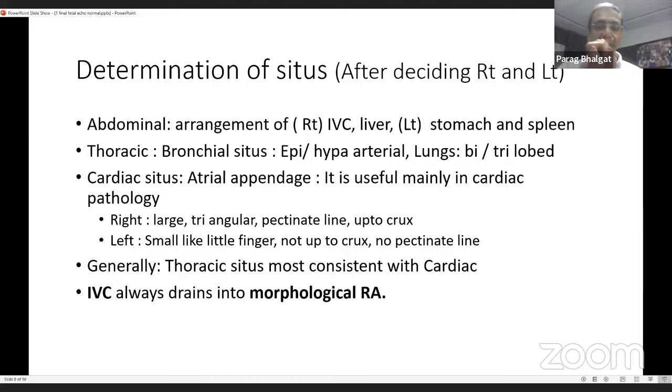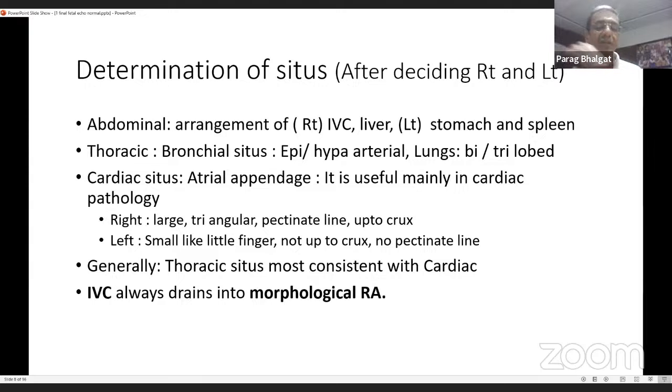Trilobed is the right lung. Cardiac situs is the atrial arrangement. Atrial arrangement we cannot see on echo, but we generally follow it on cardiac pathology specimens. The right atrial appendage is larger, triangular, with the pectinate line going up to the crux, and the left is smaller, like a little finger, not going up to the crux, with no pectinate line.